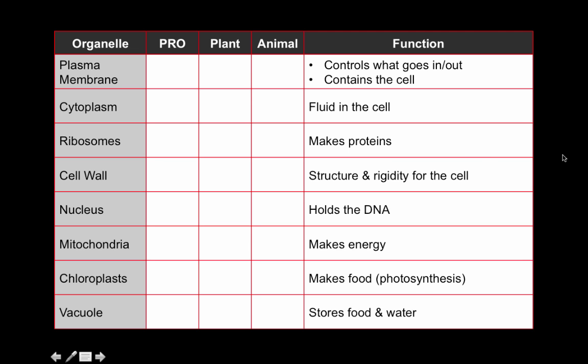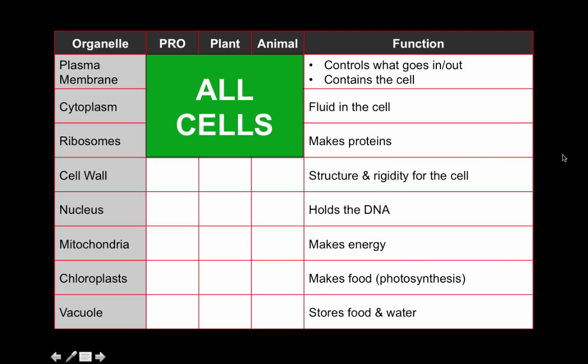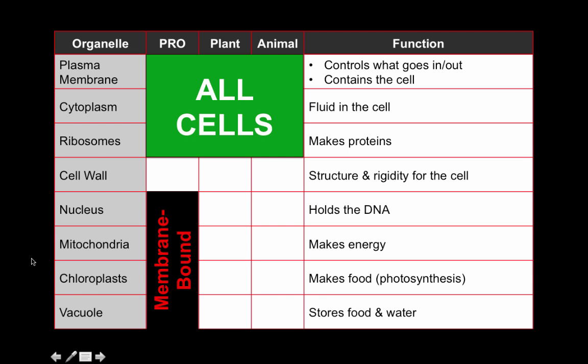So if we look at plasma membrane, cytoplasm, ribosomes, every cell on the face of this earth, regardless of what it is, is going to have a plasma membrane around it, that cytoplasm, that fluid inside, and ribosomes to make proteins. Now, if we look at the nucleus, mitochondria, chloroplasts, and vacuoles, remember we just said those are your membrane-bound organelles. So prokaryotic cells are not going to have them.